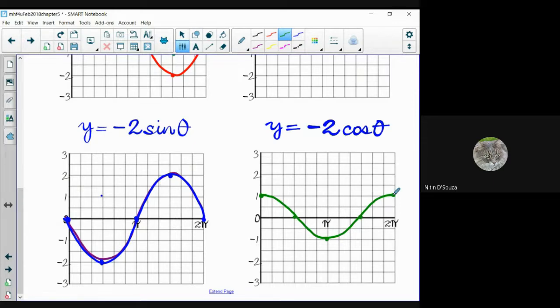To get the graph I want, I have to multiply my key y values by -2.